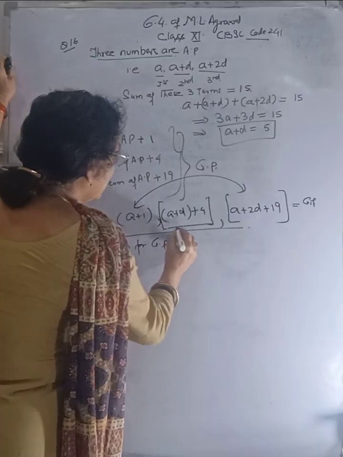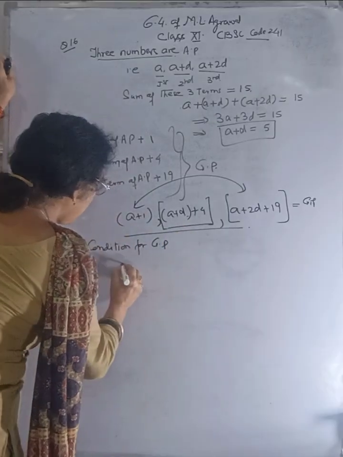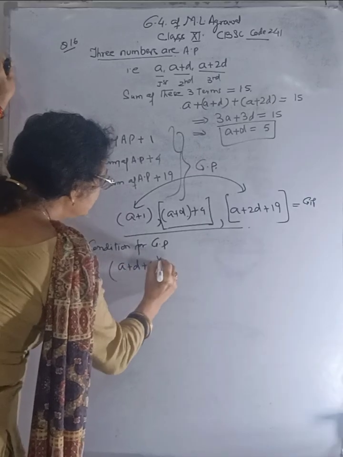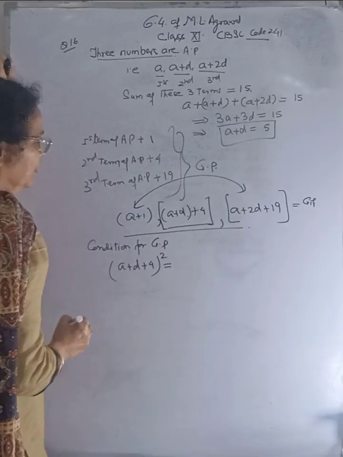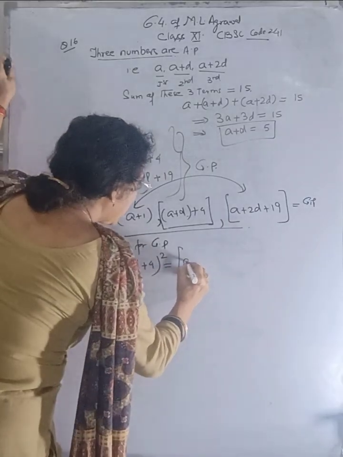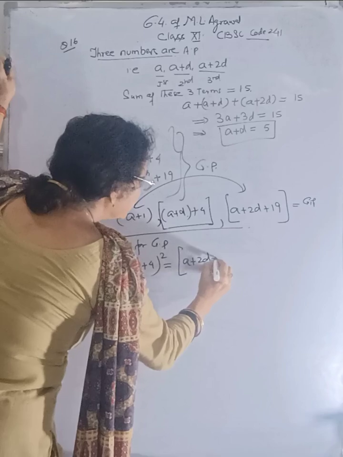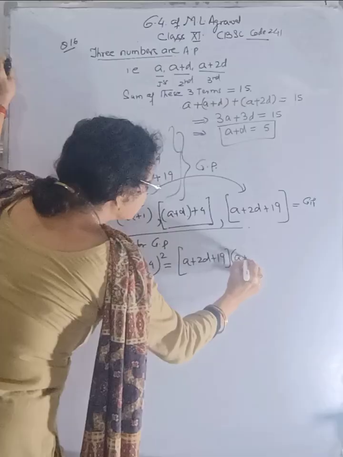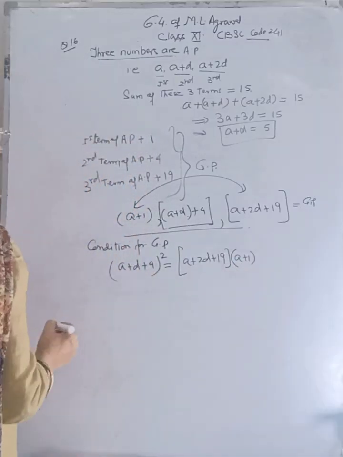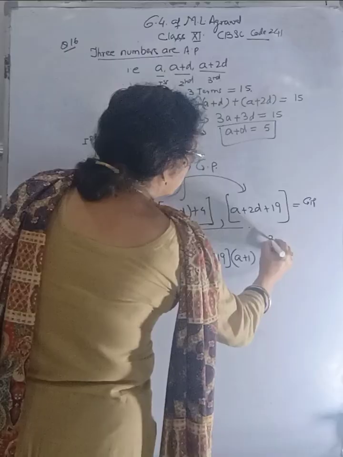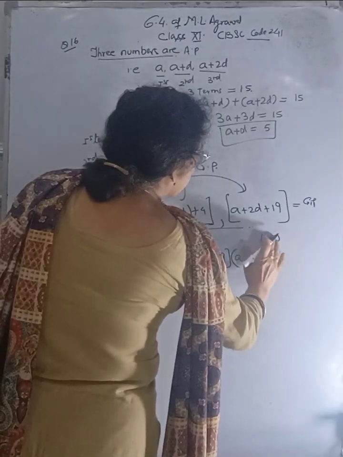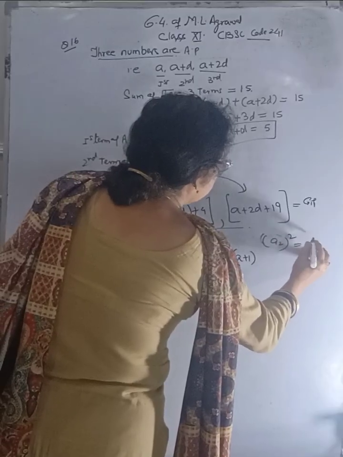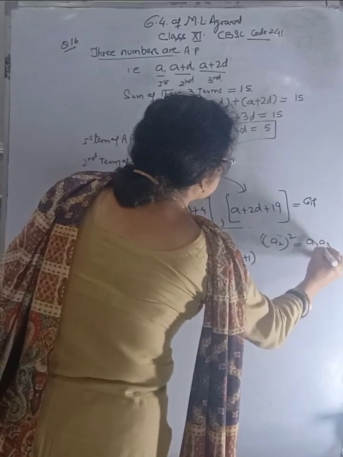It means A plus D plus 4 whole square will be equal to A plus 2D plus 19 into A plus 1, because for the second term, A2 square is equal to A1 into A3.